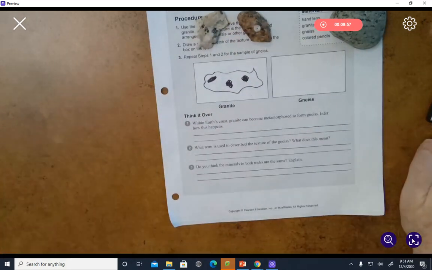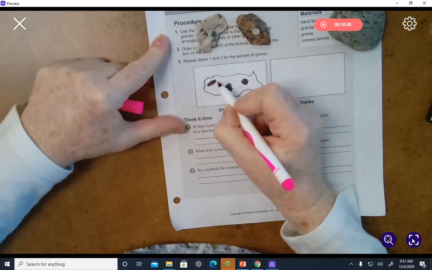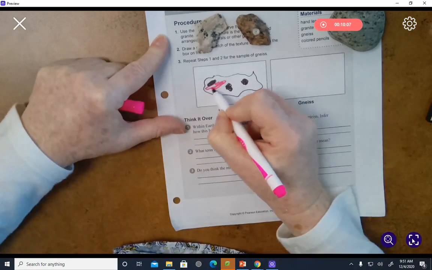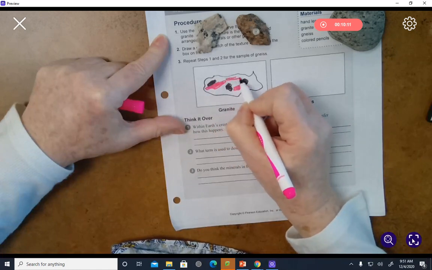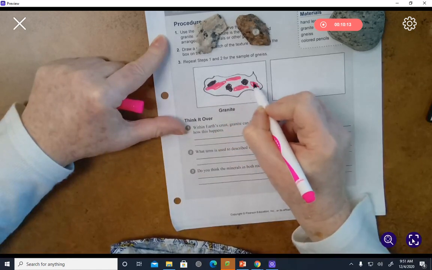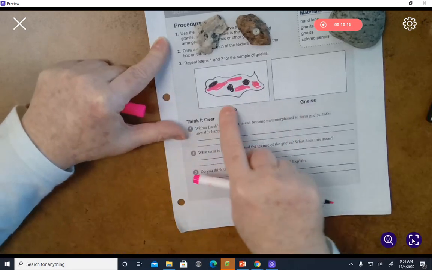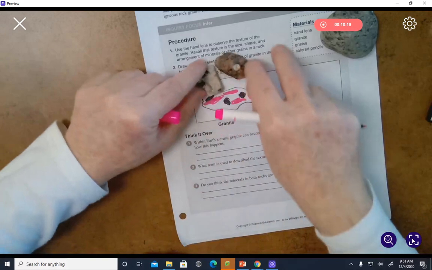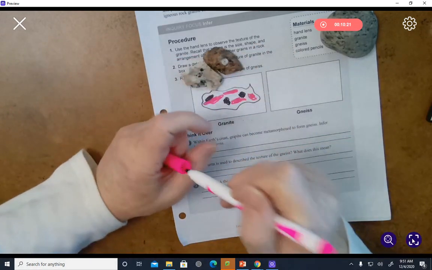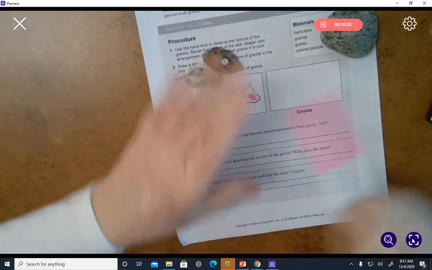Let me get some other colors here. So maybe I'm going to draw bigger pieces of pink in here. So to me, it says granite, and I can definitely see the size of the grains that you drew there. And then I'm going to kind of take a look at that.